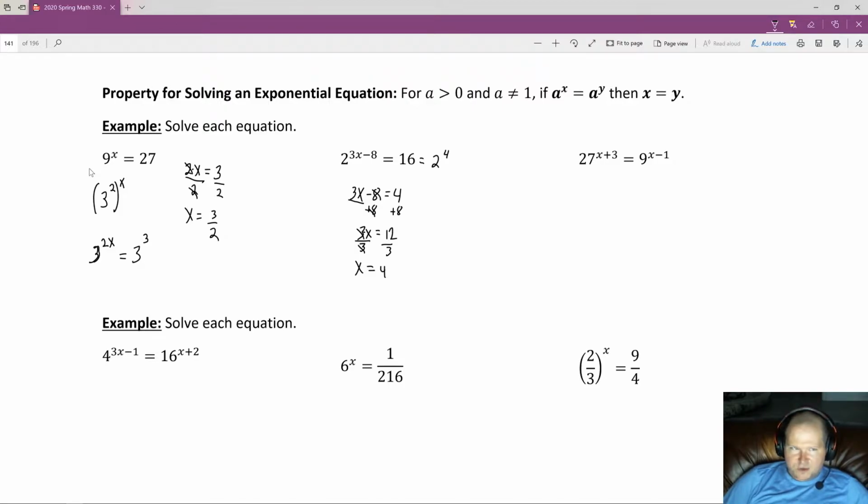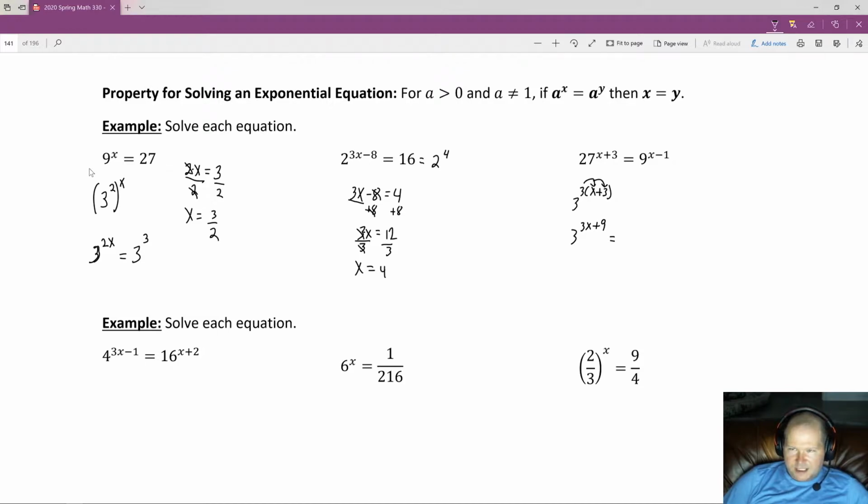Move on to the next one. Prime factorization of 27 is 3 to the third, so we have to multiply it by the previous exponent, which was x plus 3. That gives me 3 times x, which is 3x, and 3 times 3, which is 9.